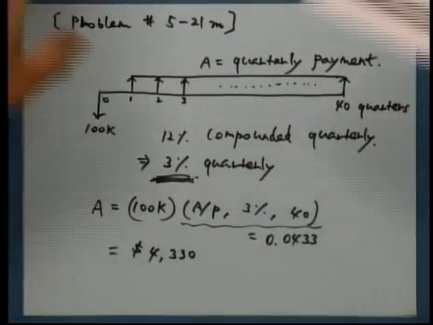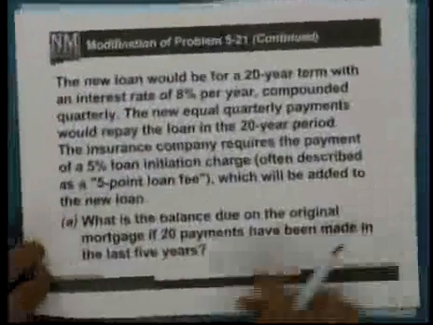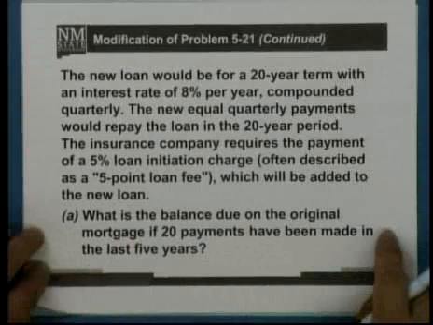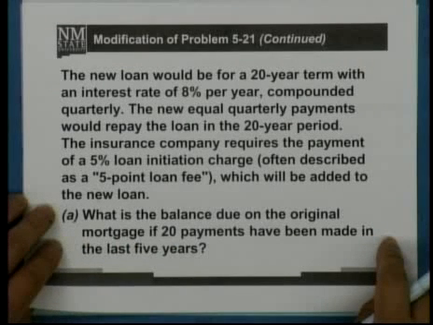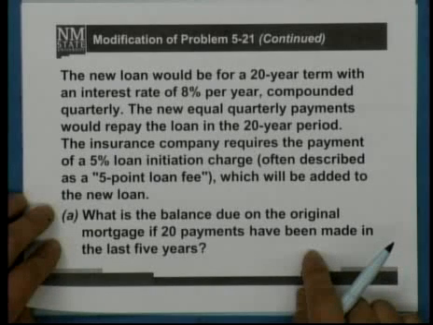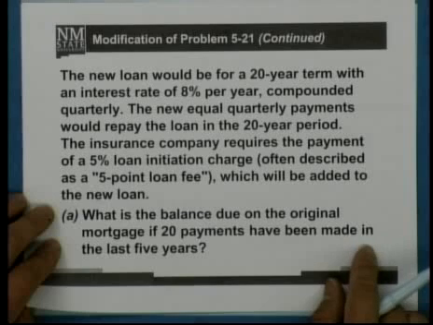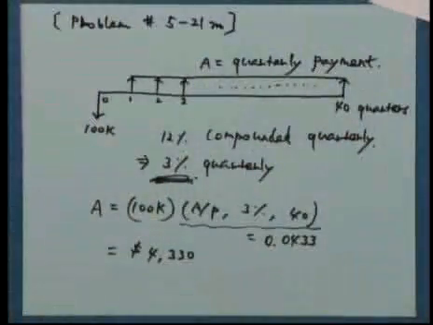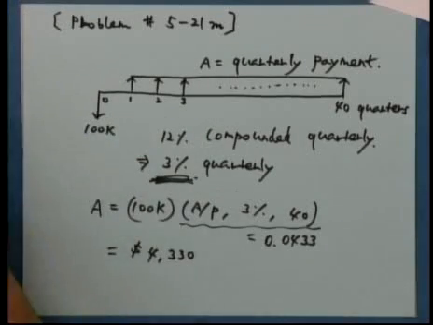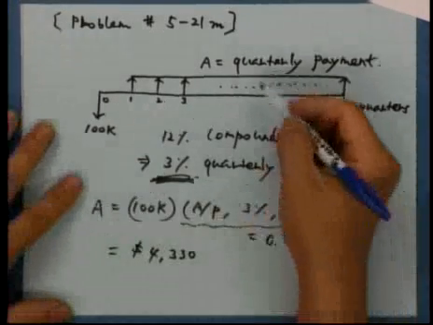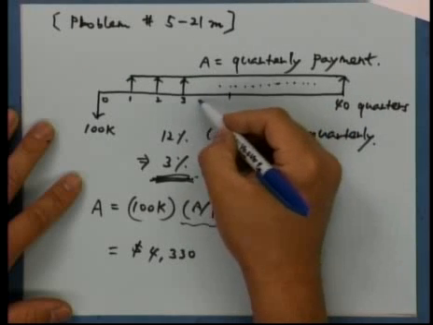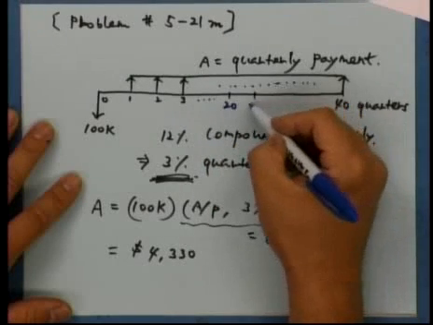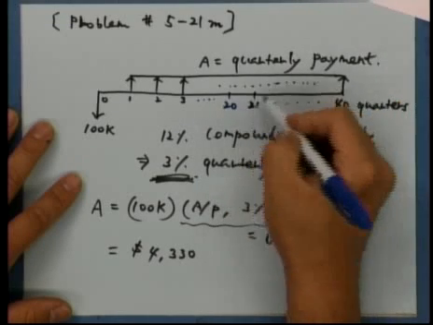And what is the question? The question in part A is, what is the balance due on the original mortgage if 20 payments have been made in the last 5 years. So let's say here we have 20 and 21 and so on.